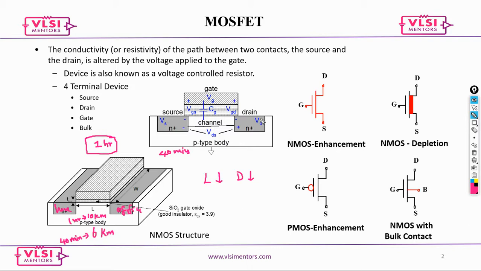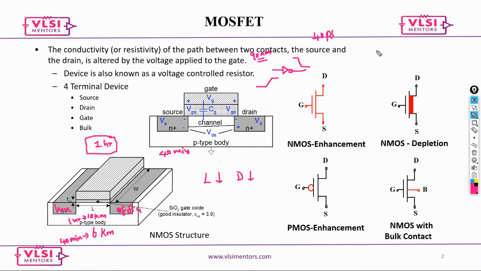Basically, for example, say this is the input. Now how much time does it take to charge, to change the output state? In case of 90 nanometer, it is going to be, say, 40 ps.